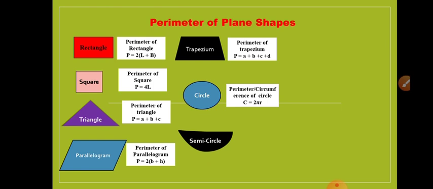Semicircle. When you're talking about semicircle, we are talking about half of a circle. If a circle is 2 pi r, half of it is going to be 2 pi r over 2, and we get pi r.